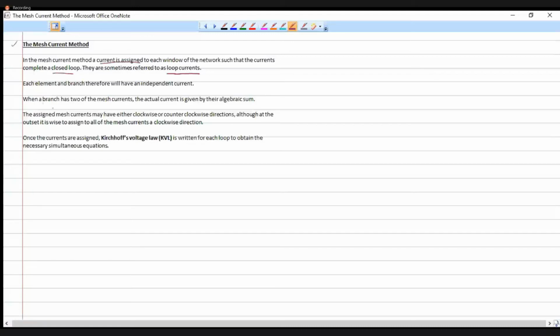Then when a branch has two of the mesh currents, the actual current is given by their algebraic sum. For example, we have one mesh like this, another mesh like this, and I write one loop current, say I1, like this. Another current I will take as I2 like this. So in the vertical middle part, I will have a common I1 and I2. When such cases come, what is the current flowing through this branch?